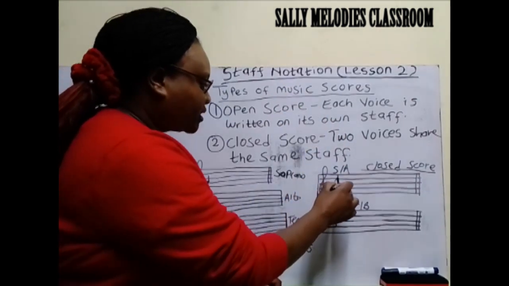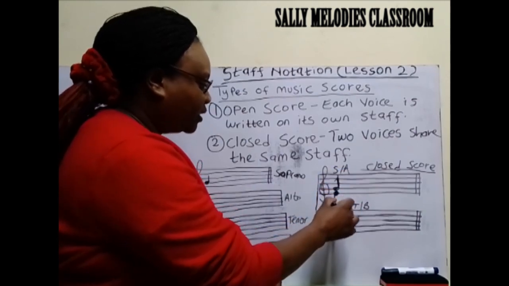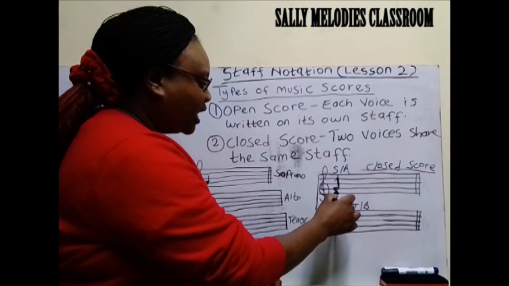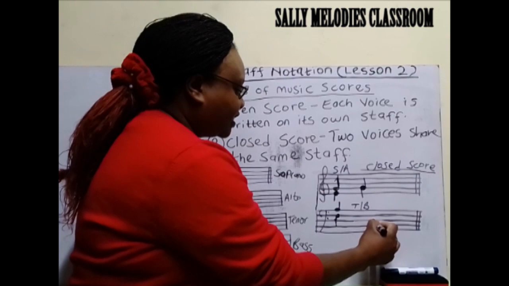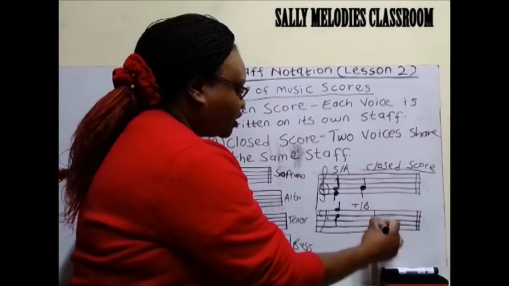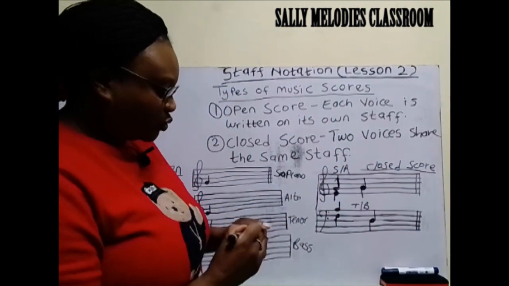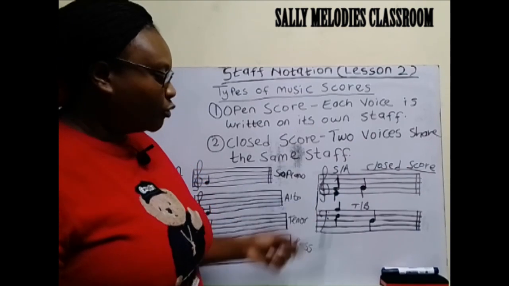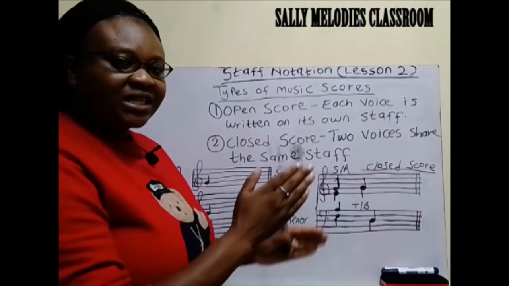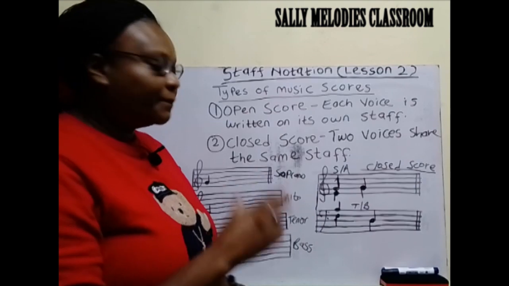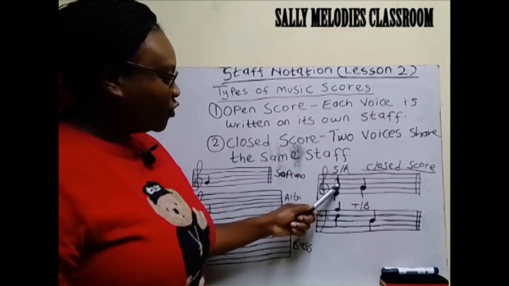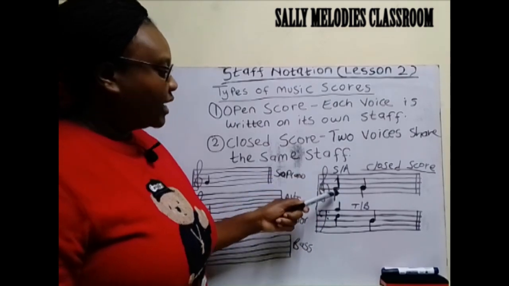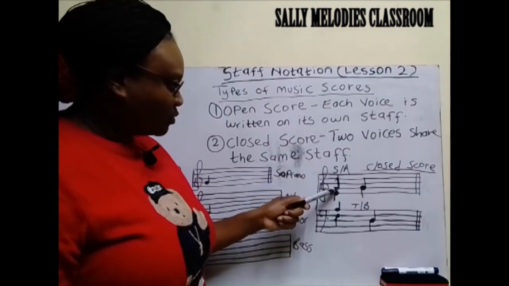So this is soprano, the stems are up, alto, the stems are down. Tenors, the stems are up, basses, the stems are down, unless they are doing the same note, the unison. There is somewhere they are doing the unison. But as long as there is a harmony, with separated voices singing different parts, the stems for the higher voice must go up, and the stems for the lower voice must go down.